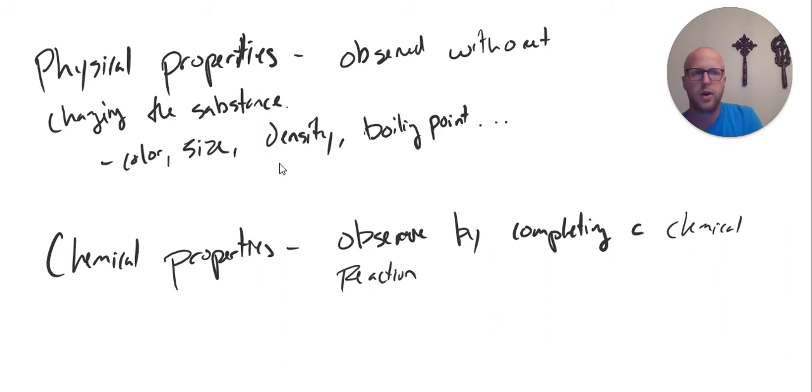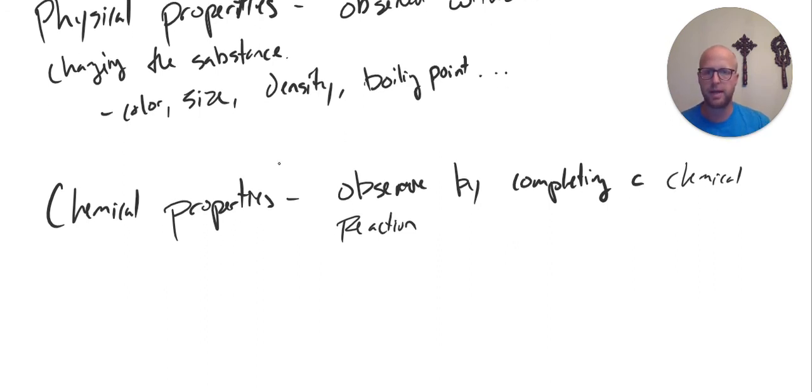So an example of a physical property is my shirt that I have on here is blue. You guys can see it. That's a physical property. Now, if I want to know the chemical properties of this, say I want to know how fast it burns. Well, in order to observe that, I've got to light it on fire, right? So that would be a chemical property.